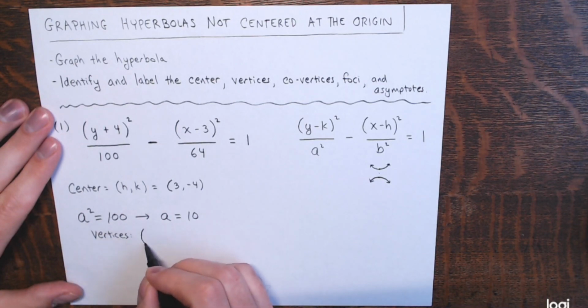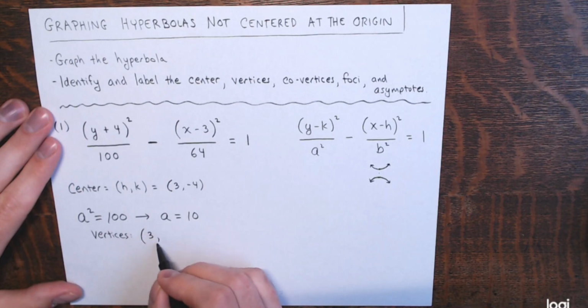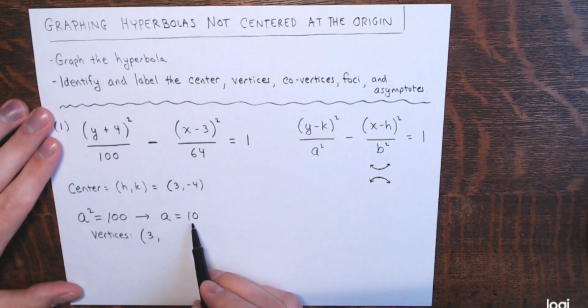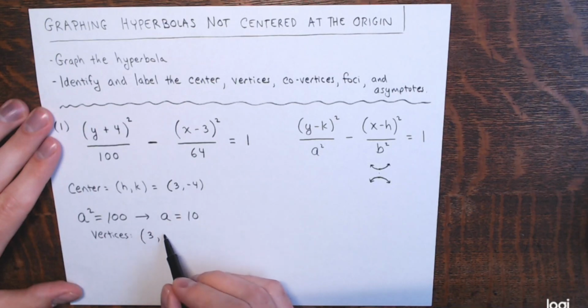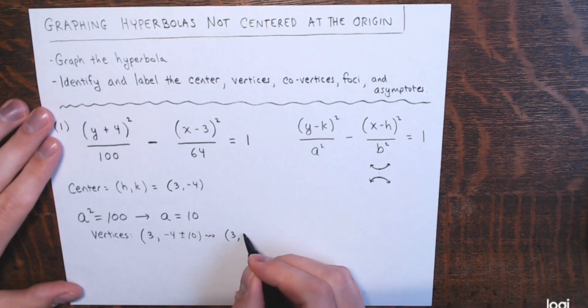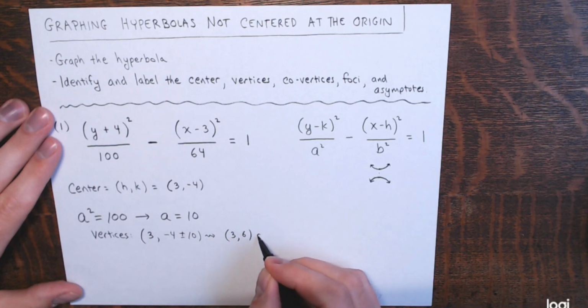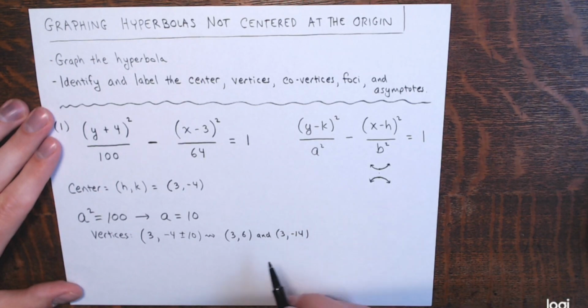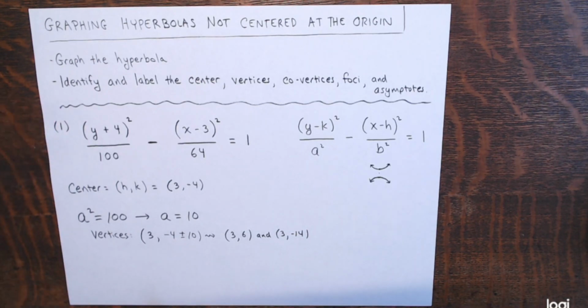So it's going to keep the same x-coordinate, right? If I'm going to go above and below the center, I need to add and subtract 10 to the y-coordinate of the center. So negative 4 plus or minus 10. All right, so the two vertices then are 3, 6, and 3, negative 14. Right? Negative 4 plus 10, negative 4 minus 10. But that's 10 units above and 10 units below the center.